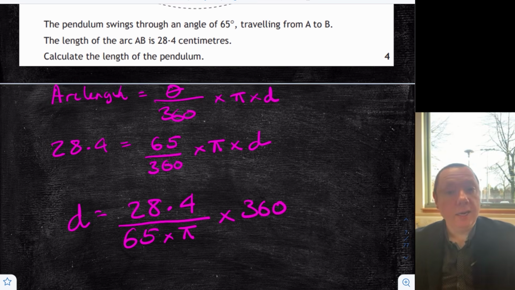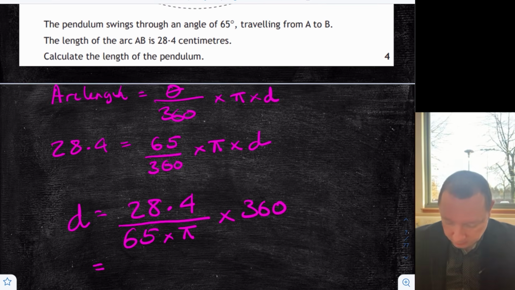And then I just go to a calculator and work that out. So I just do 28.4 times 360, and then divide by 65 times pi. I can use brackets around the top and brackets around the bottom, and if you do that, you will get an answer for D, which is 50.07 centimetres.